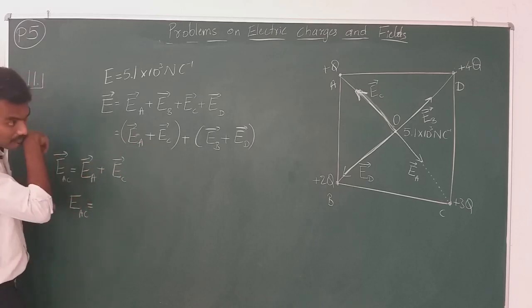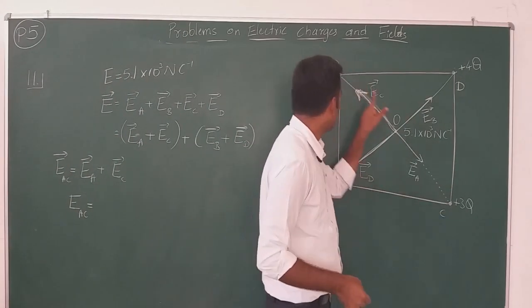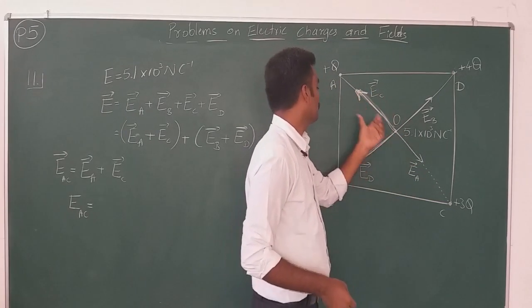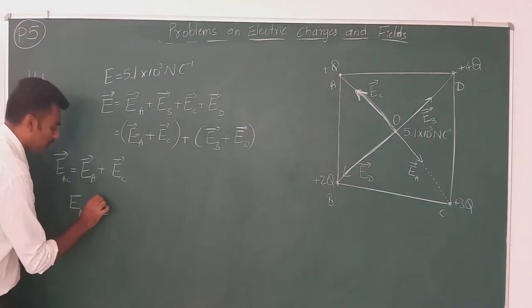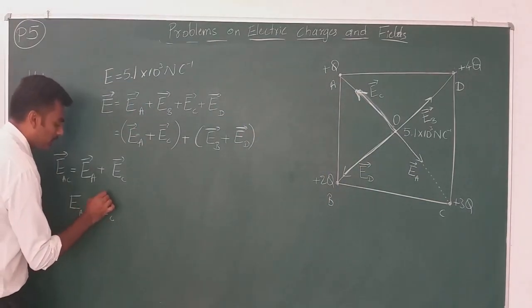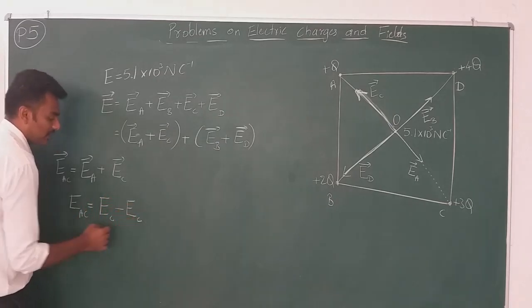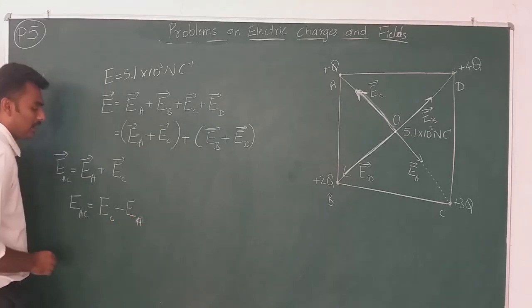From the diagram we can notice that since the charge at C is more compared to the charge at A, EC will dominate. So, I will take EC first. The magnitude of the resultant electric field due to EA and EC is EC minus EA.